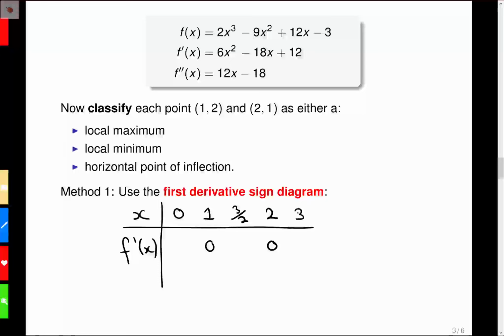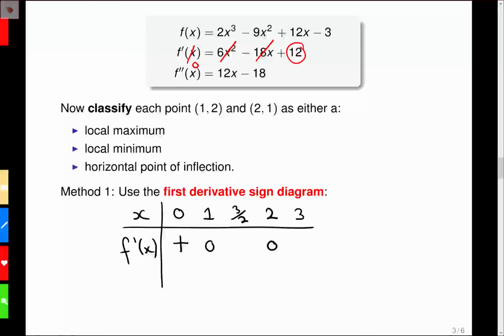We then want to test the sign of the derivative at these x values. If you substitute x equals 0 into the derivative, these terms here will vanish, leaving you with just the constant 12, which is a positive number, telling us that at x equals 0, the function is increasing there. In other words, the graph is going up.